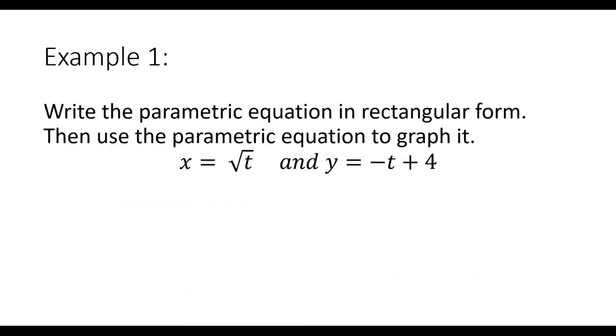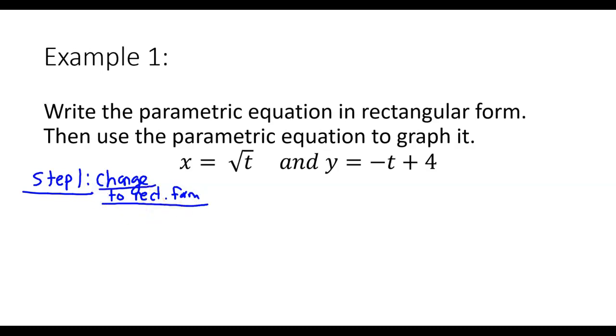Example 1 says, write the parametric equation in rectangular form and then use that to graph it. Okay, so step 1, let's change it into rectangular form. Now this is the new part for today's lesson.